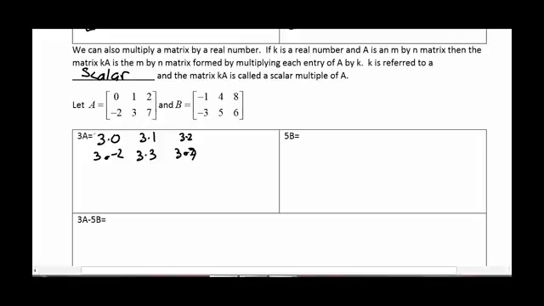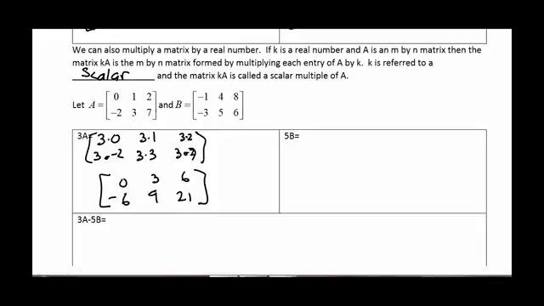So that works out to be 0, 3, 6, -6, 3, I'm sorry, -3 times 3 is 9, whoops, 3 times 7 is 21. So that 0, 3, 6, -6, 9, 21 is a scalar multiple of the original matrix A. Just means we multiplied by something to get it.